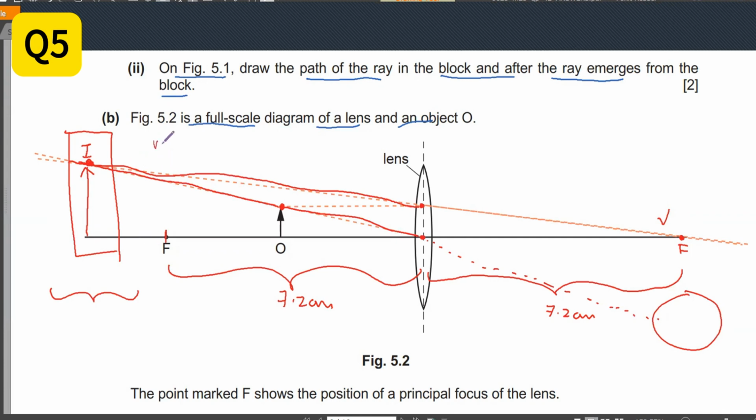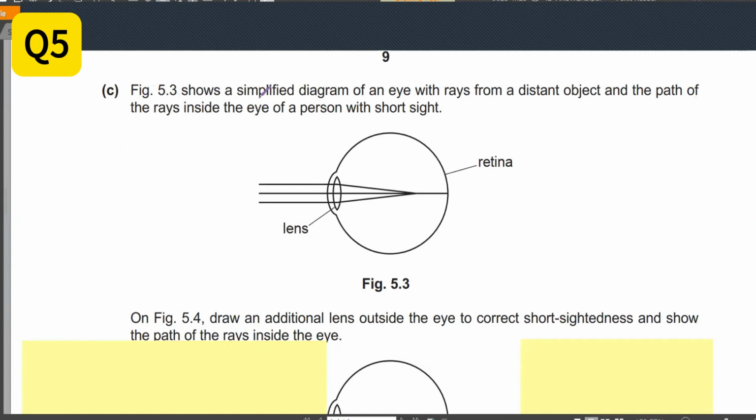This situation is magnification, whereby we get a virtual image. Next, here we have a simplified diagram of the eyes with rays from a distant object and the path of the rays inside the eye of a person with short sight.